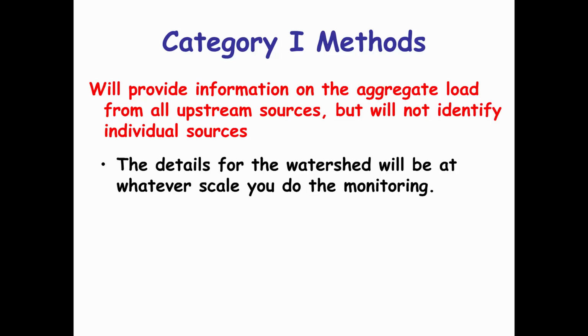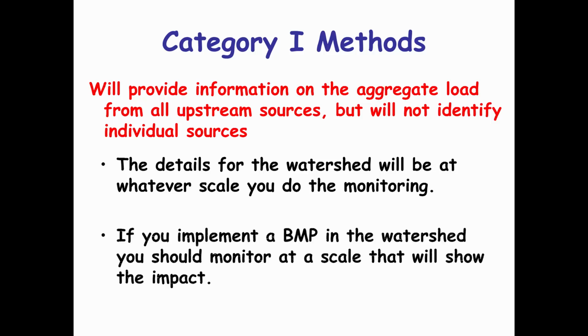So if you have an 8-digit HUC and you're measuring the discharge from the 8-digit HUC and also measuring phosphorus concentrations, you'll be able to estimate the load from that watershed at that scale, but you would not have any detail on where those loads are coming from or how to divide the total load up among those various potential sources within the watershed.